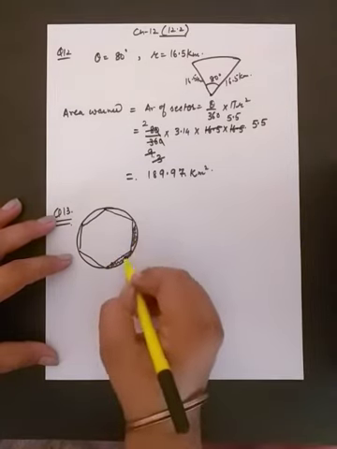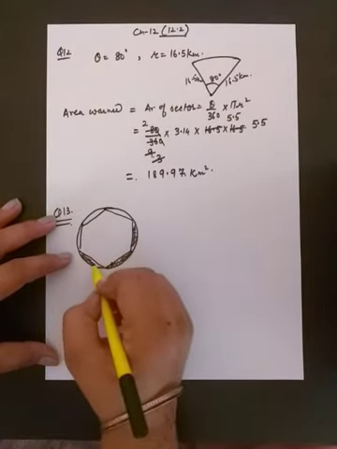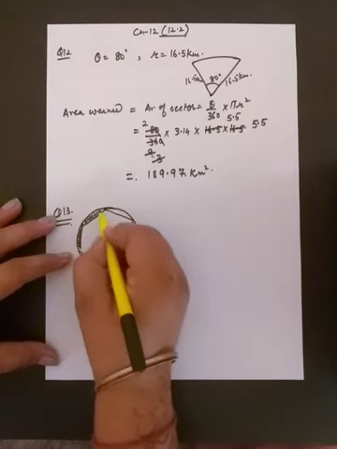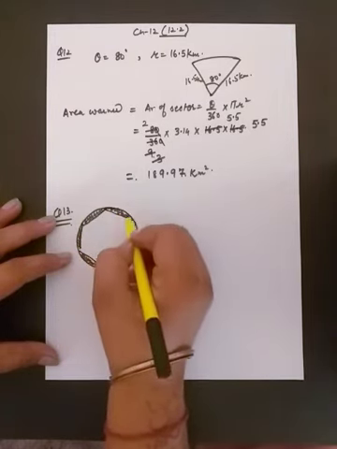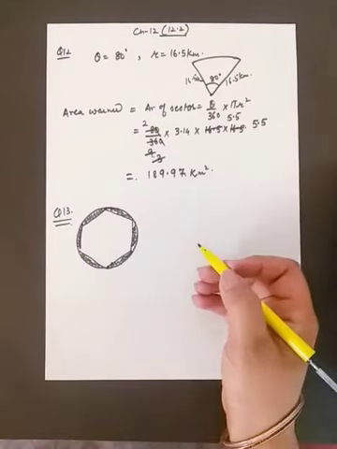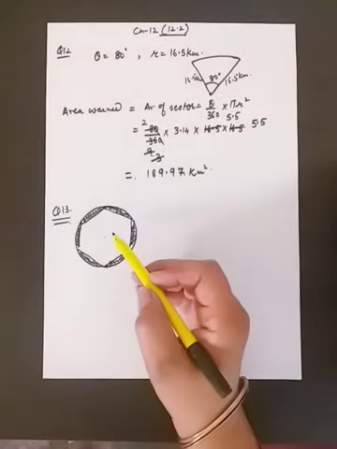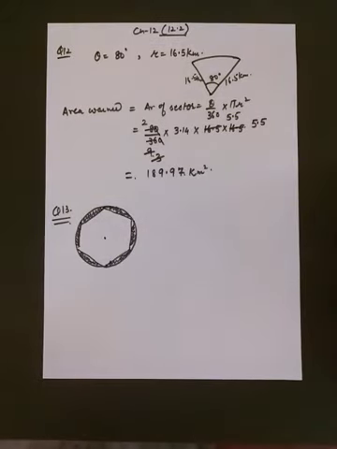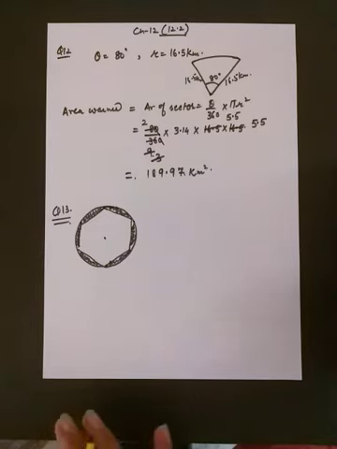So design is made in a segment. So it means to find the area of design we have to find the area of 6 segments. Or you can say if we subtract the area of hexagon from the area of circle we will get the area of design. Now to find the area of hexagon we have to remember that a hexagon can be split into 6 equilateral triangles.